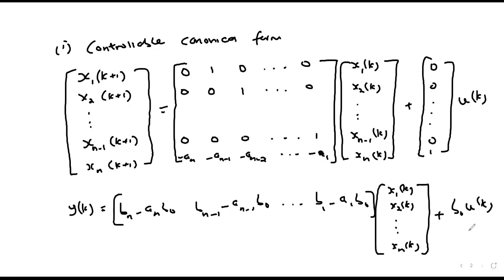That means the matrix D will be a constant, b0, and the matrix C is obtained from bn minus an b0 all the way up to b1 minus a1 b0. And this is the controllable canonical form of the state space representation for discrete time systems.